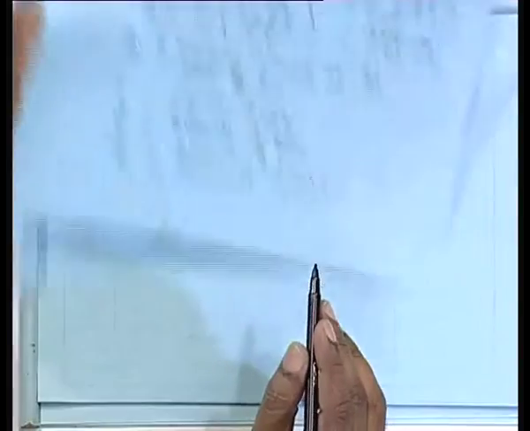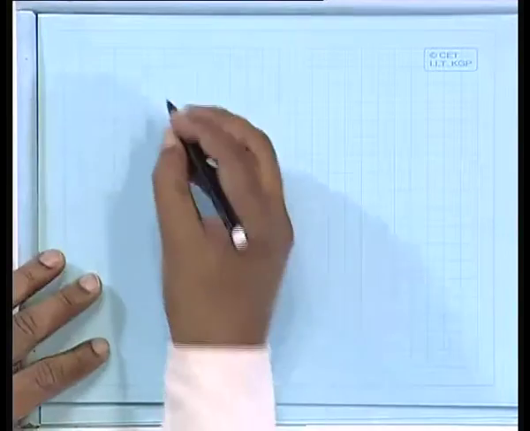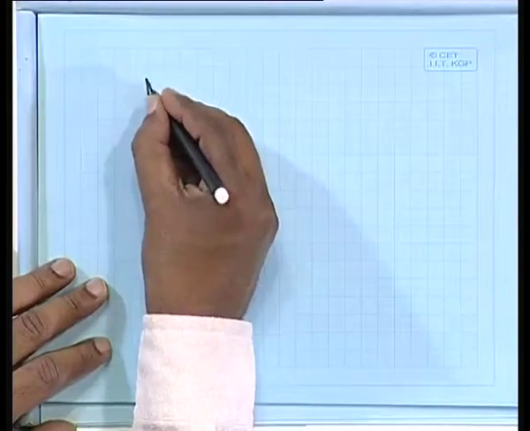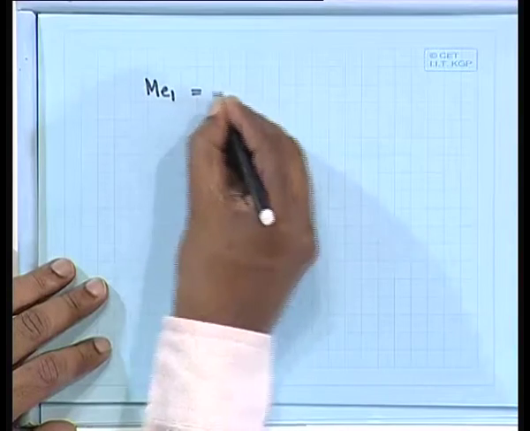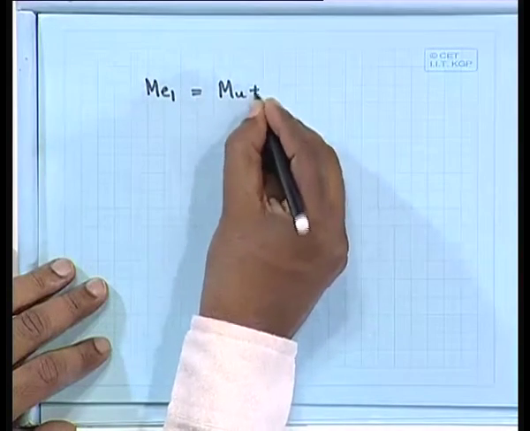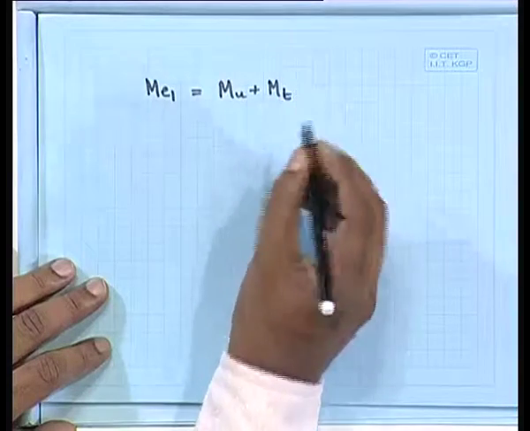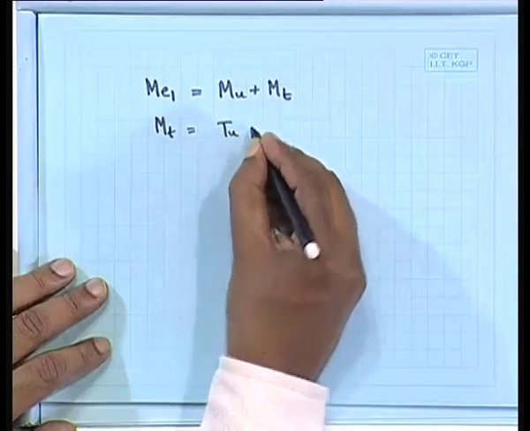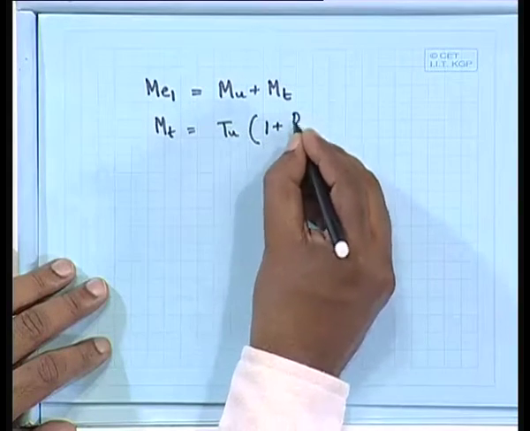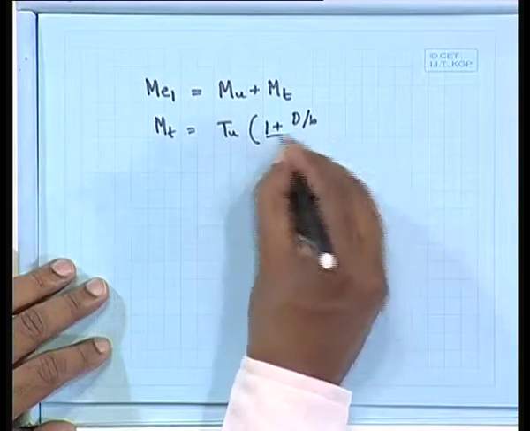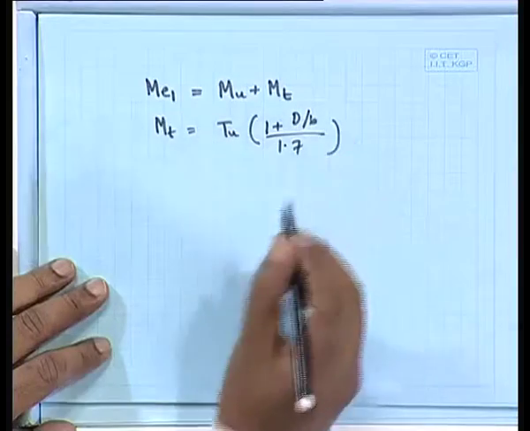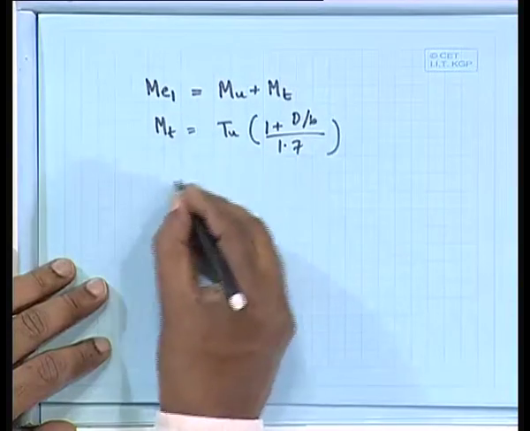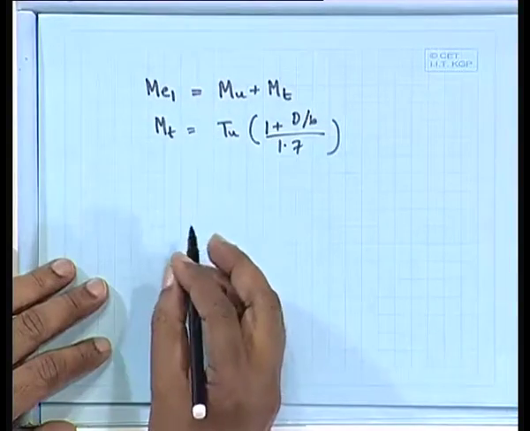So, Mu1 equal to Mu plus Mt, where Mt equal to Tu (1 plus D by B) divided by 1.7, and this is one case.